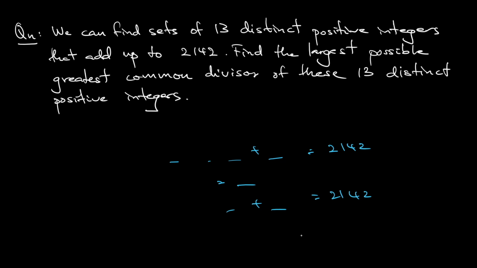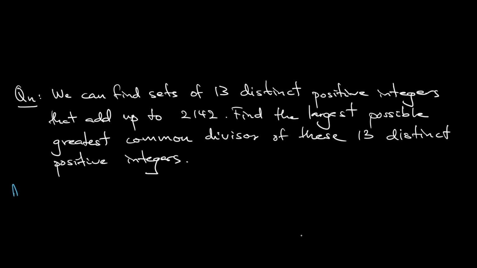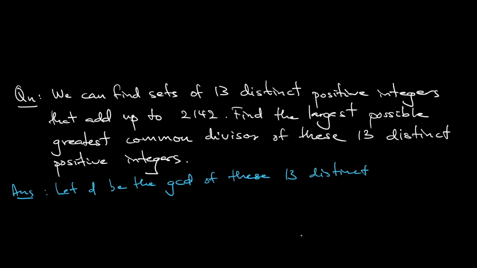Okay, so because we are interested in GCD, among these 13 numbers, let D be the greatest common divisor of these 13 distinct positive integers.